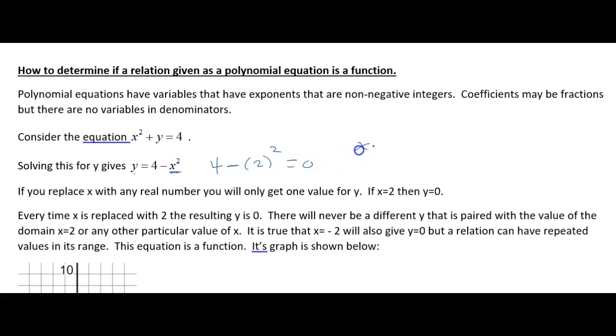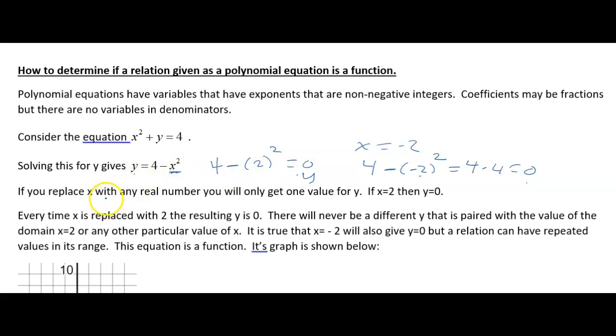And if I put in x is negative 2, I get 4 minus 4, which is also 0. That's okay. But in each case, I just get one choice for y. When x is 2, y is 0. No choices. When x is negative 2, y is 0. No choices. So this makes that a function.